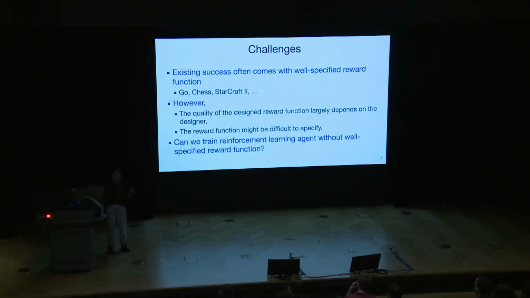This also relies on expert knowledge of how the task works. For example, if you're using reinforcement learning to train a delivery robot, how do you design the reward function? On the other hand, the reward function in some cases can be difficult to specify.